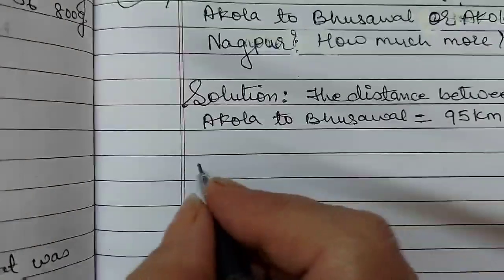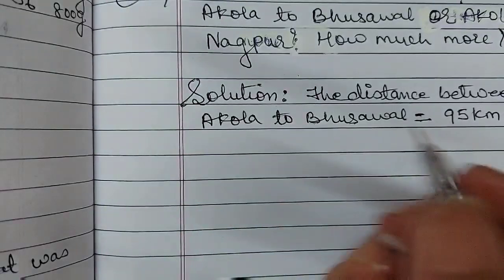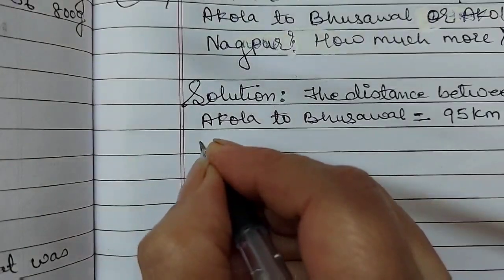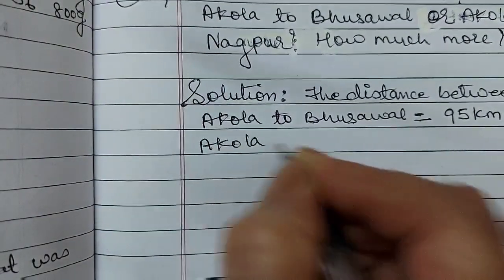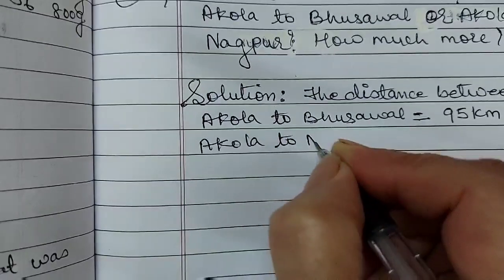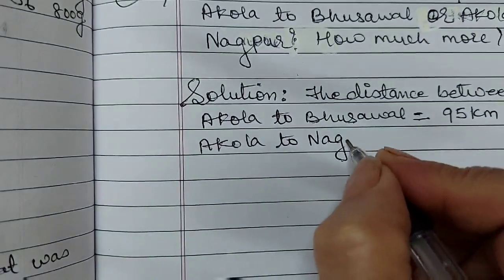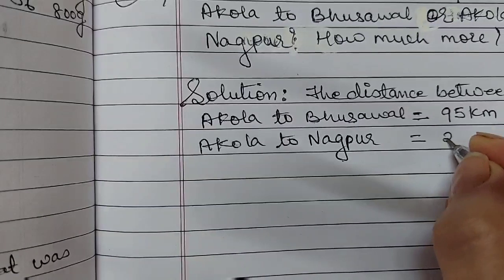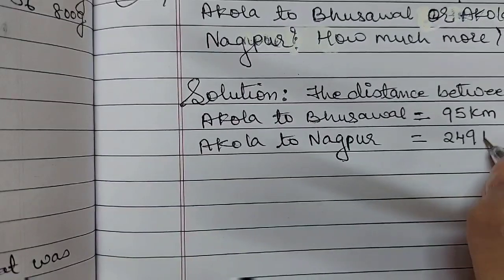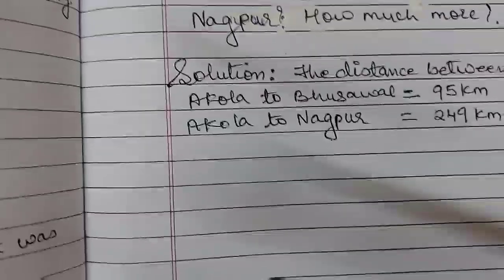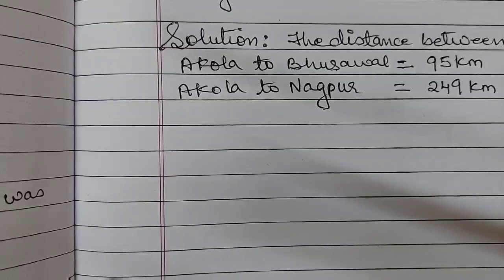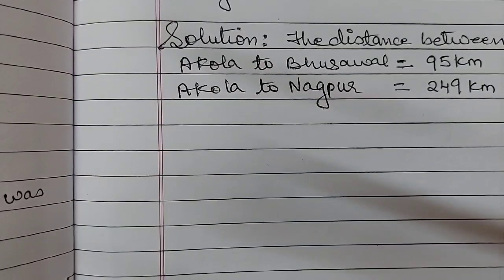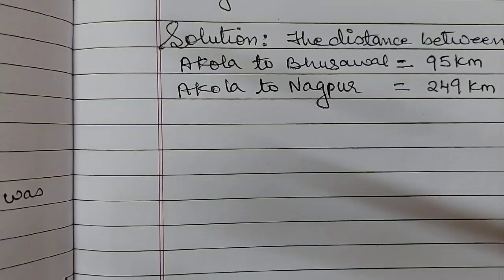The second point is the distance between Nagpur and Akola. Akola to Nagpur is equal to 249 kilometers. Okay children? Now the distance of Nagpur and Akola is more than Bhusawal from Akola.